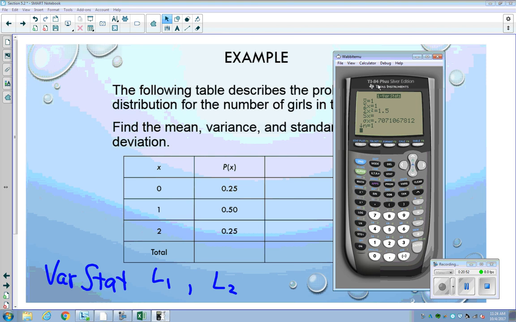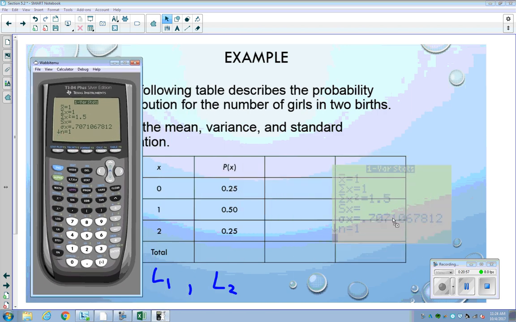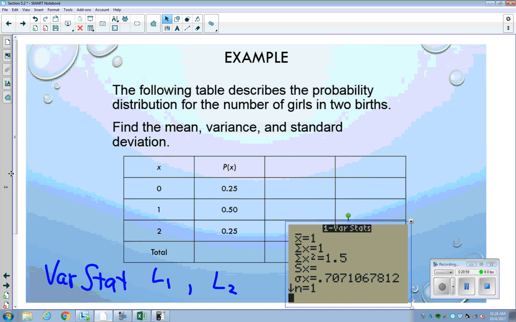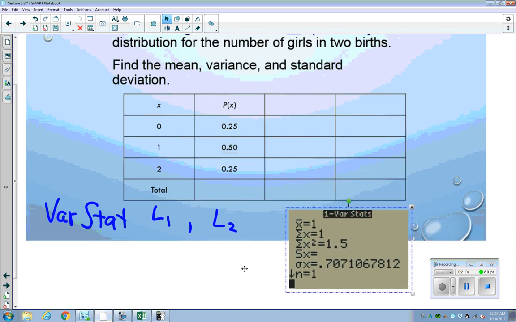So here's what my screen tells me. And obviously I can find the mean. The mean is 1. The standard deviation is 0.707. And where would my variance be? I've got to have variance.